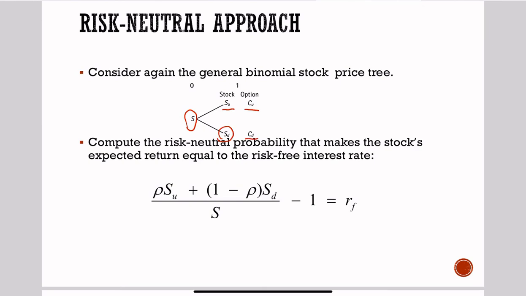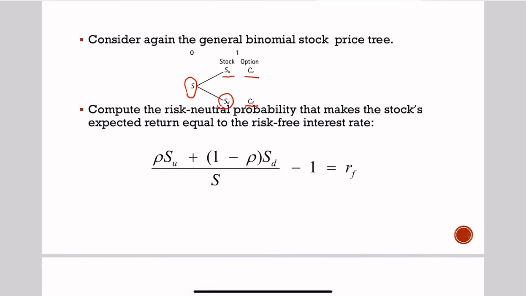So let's now apply this two-step process, right? We would first compute the risk neutral probability. Now, how do you compute this? Well, you will want to make the stock's expected return equal to the risk-free rate.